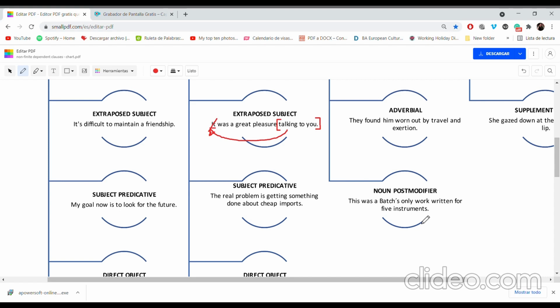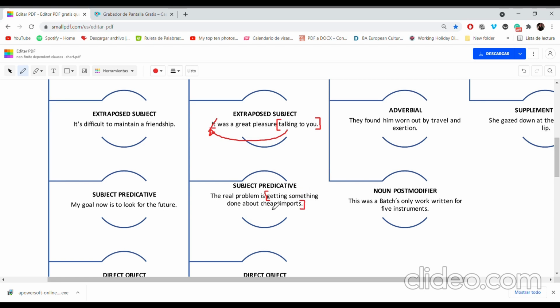Please note that whenever we mark dependent clauses, we mark them from the subordinator onwards or from the to-infinitive, the ing or the ed particle onwards. In this case, we are talking about ings. So let me mark this part over here. Here is the beginning of the dependent clause. The real problem is getting something done about cheap imports.